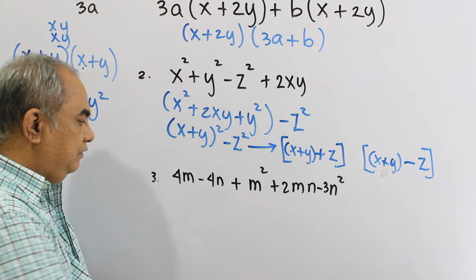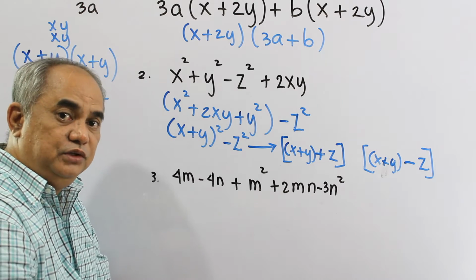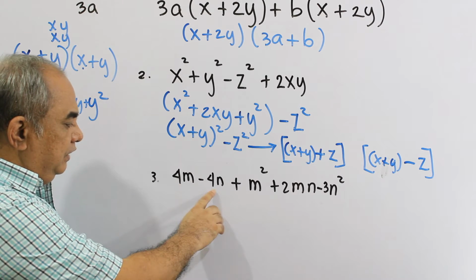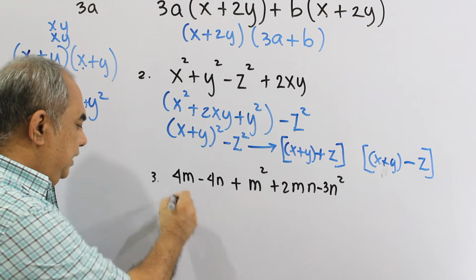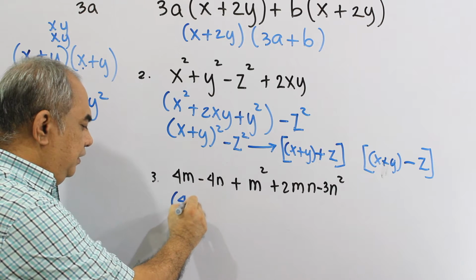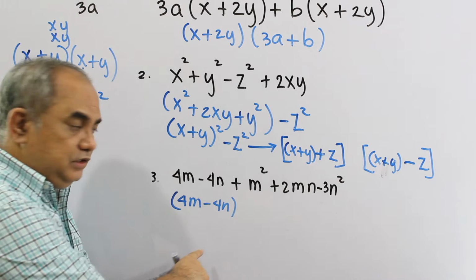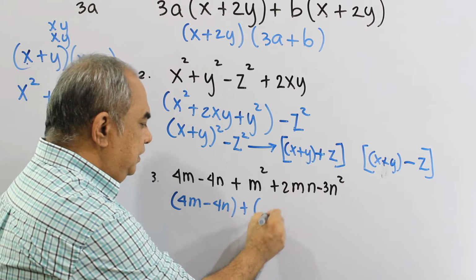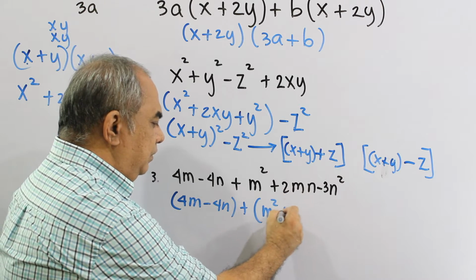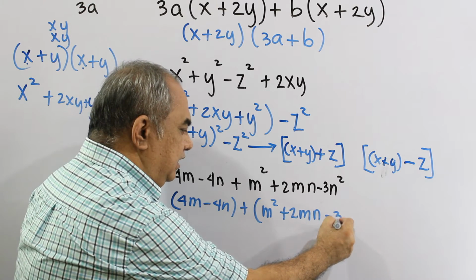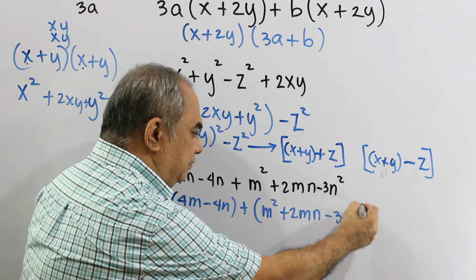Now you will notice obviously these two terms can be factored using common monomials because we have a coefficient of 4 and 4 here. So let's group them. So this can be 4m minus 4n. Okay, this is our first group. And then we group this as m squared plus 2mn minus 3n squared.